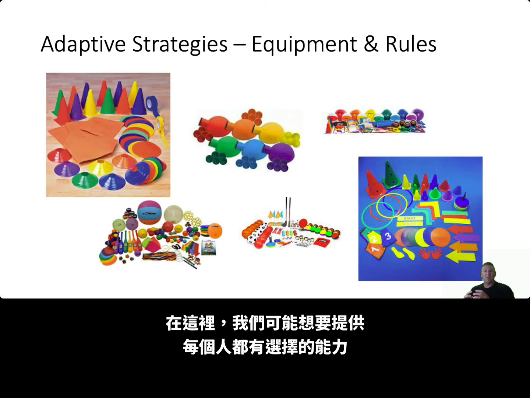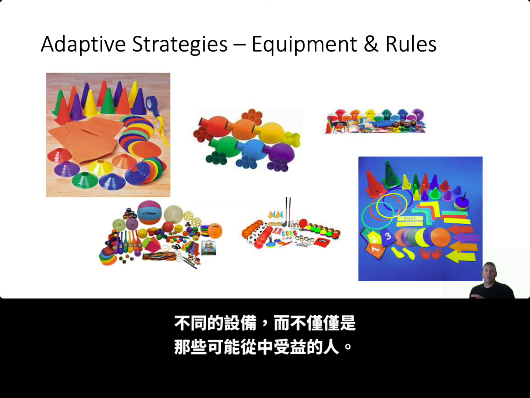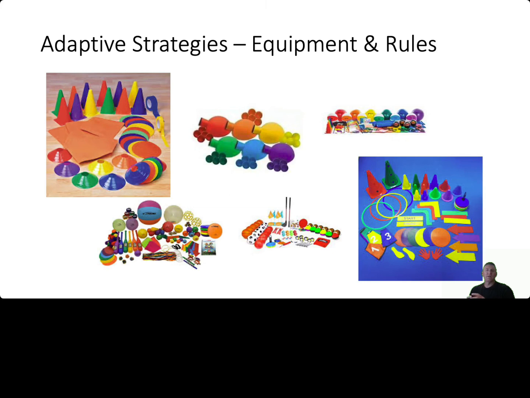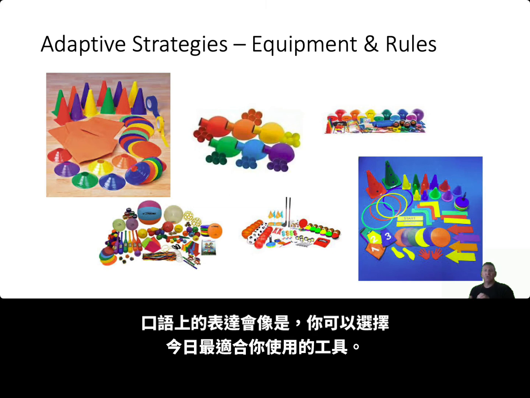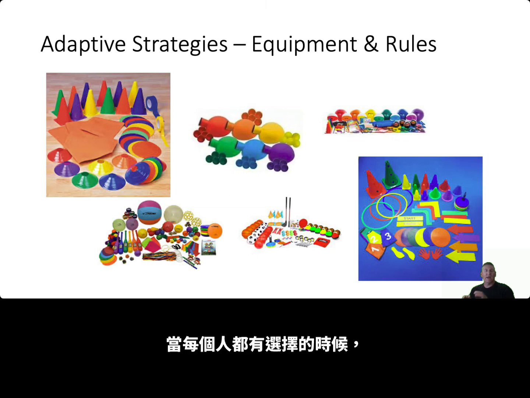Here we might want to provide everyone with the ability to choose different equipment rather than just those who might benefit from it. Say things like, you can choose the tool that works best for you today. When everybody has options, no one feels singled out. That's inclusion and social emotional learning working together.